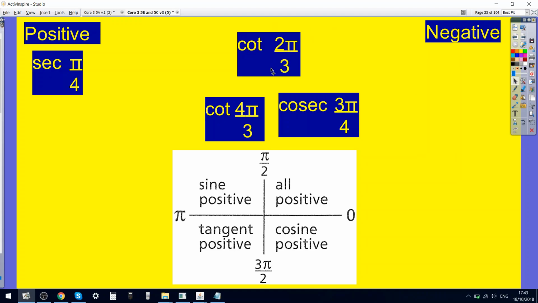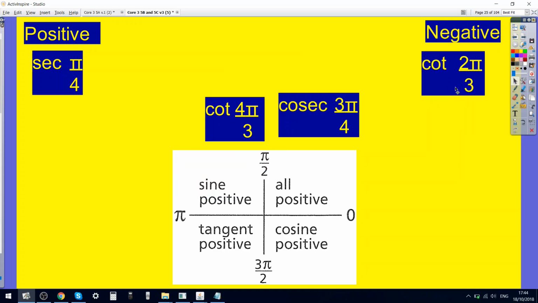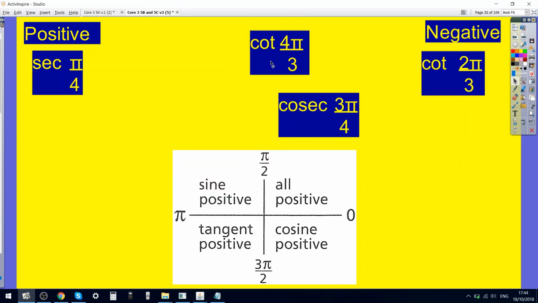2 pi over 3. Is tangent positive? 2/3. 2/3 is between a half and 1. Sine positive, so it's negative. Yeah. 4/3.